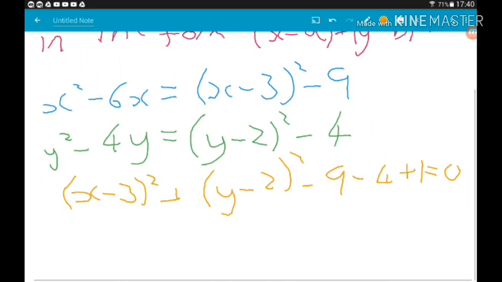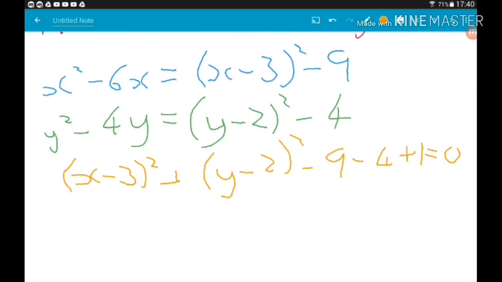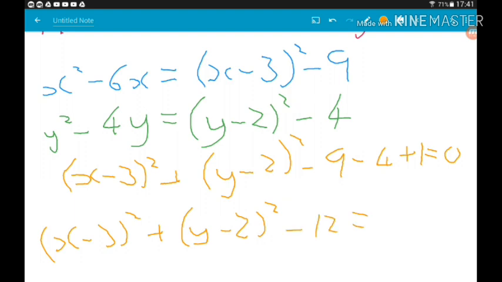So if we add those constants together, minus 9 minus 4 is minus 13, plus 1 though, so we get minus 12 is equal to 0.